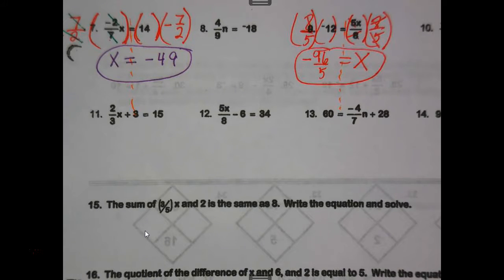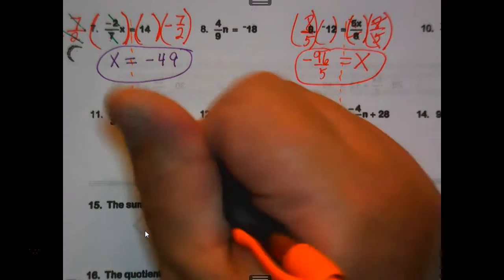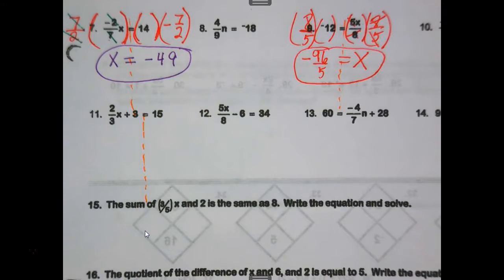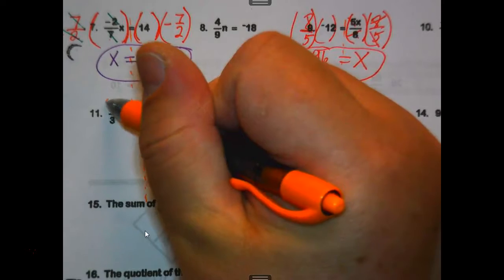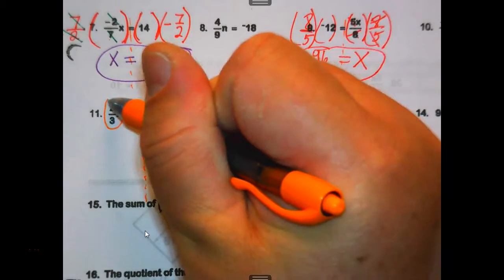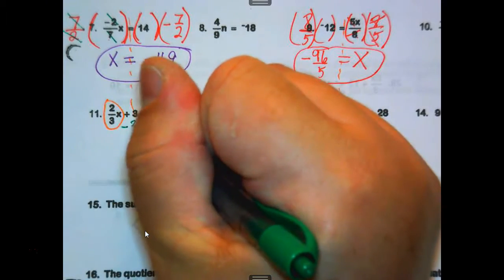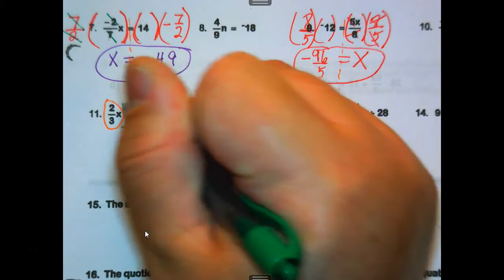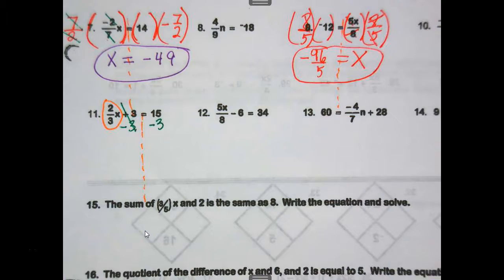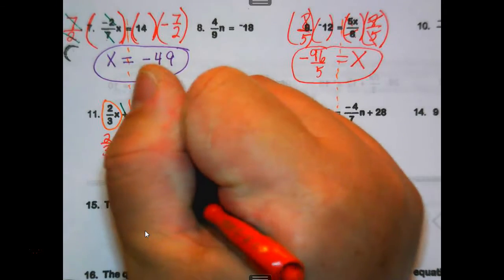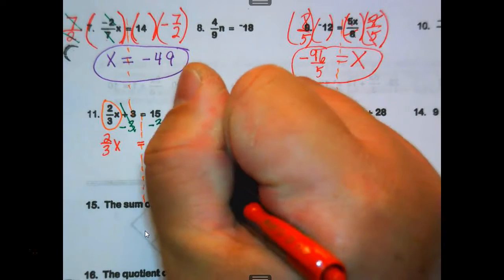Number 11. Okay, I have to get the fractional term by itself first, so I'm going to subtract 3 from both sides. I get 2/3 x equals 12.